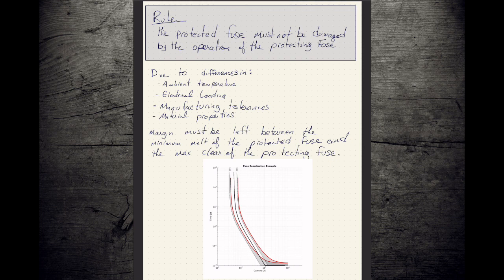So another thing that you're going to run into is electrical loading, right? So the downstream fuse that operates or experiences the fault, it might not have much electrical load on it, right? If the reason that the fault occurred is because a tree or a tree branch came down on it, or there was a motor vehicle accident, there might have been very, very little load on that downstream device.